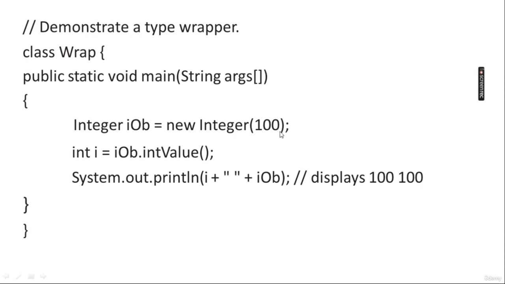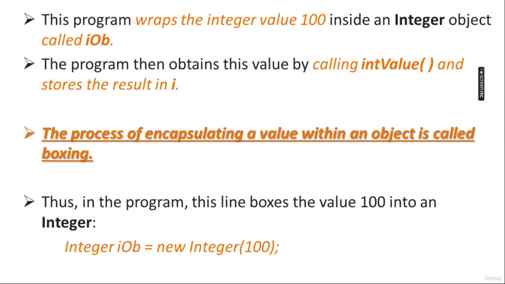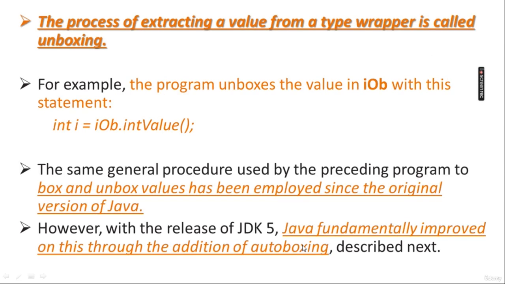Boxing means my simple value I am putting into the box of the particular wrapper class. If I am passing a float value and putting that into the box of the Float wrapper class, that process is called boxing. Integer iObject = new Integer(100) is the boxing procedure.